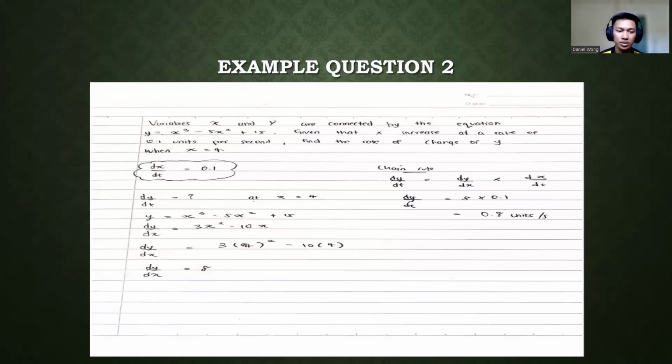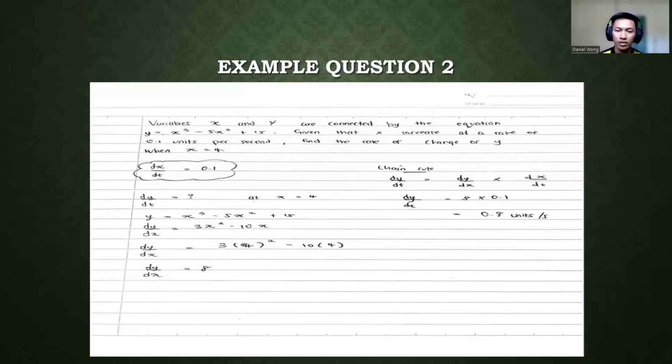The first step is to differentiate the given equation. After that, we get dy/dx equals 3x^2 minus 10x. Then we substitute x with 4, so the answer for dy/dx is 8.